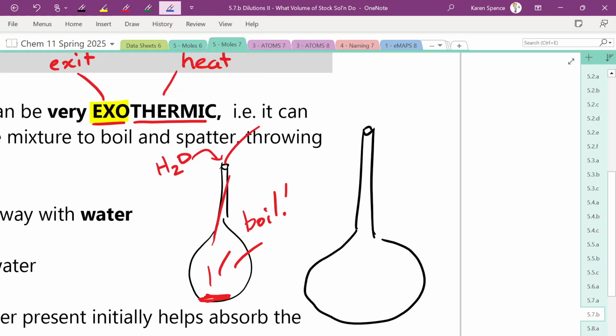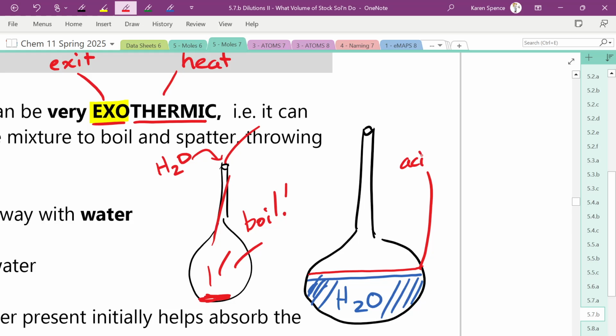What if we put water first? And then we put in a little bit of the acid, because we don't usually want that much acid. Usually it's like we're diluting something 1 in 10, so it would be like 10 milliliters in 100 total. So we put the acid in.